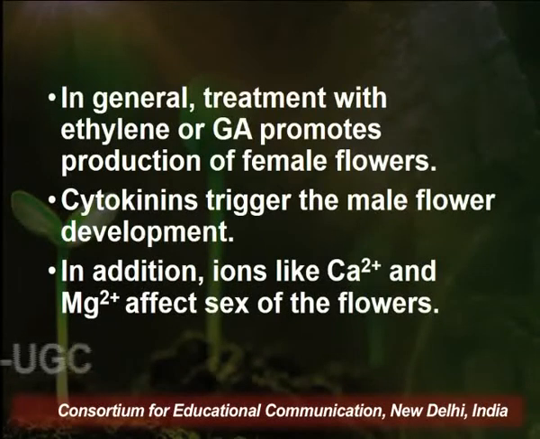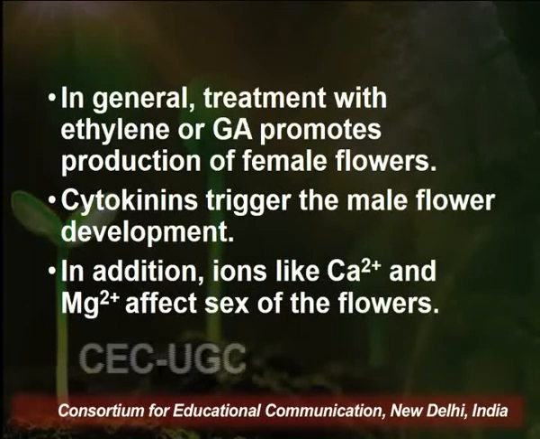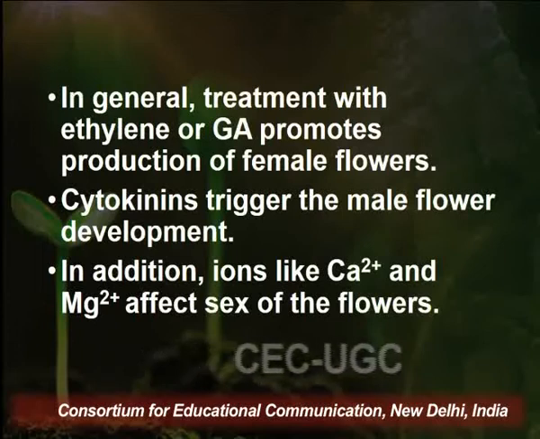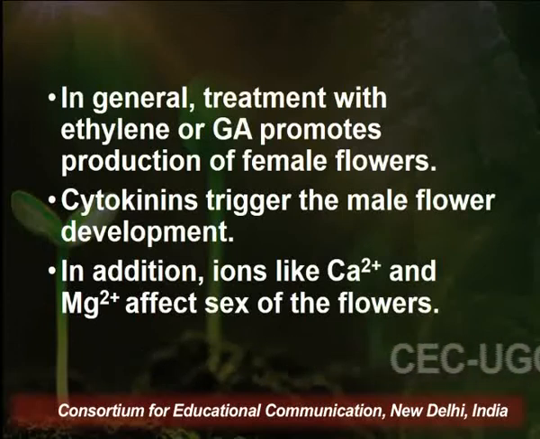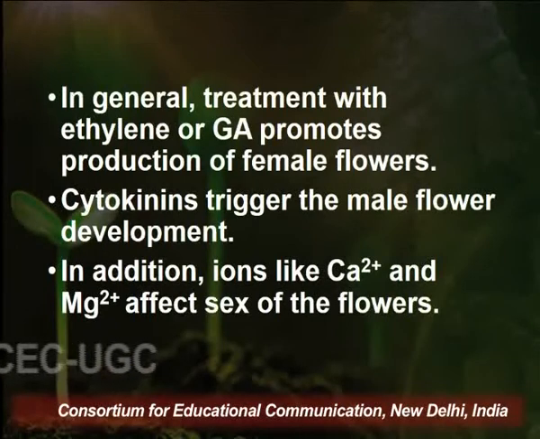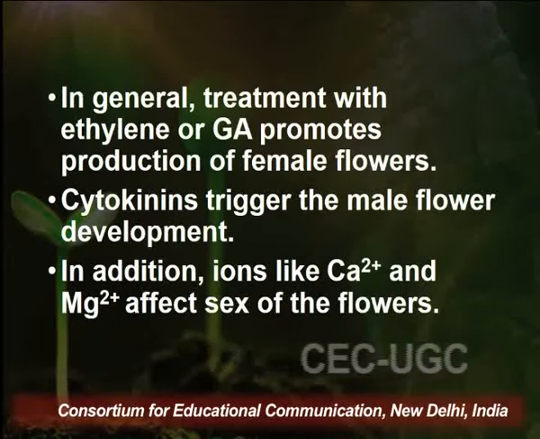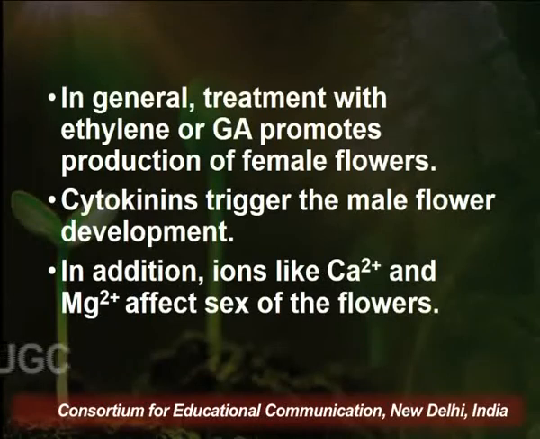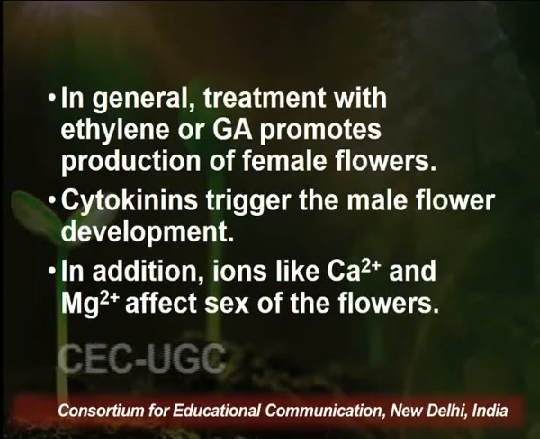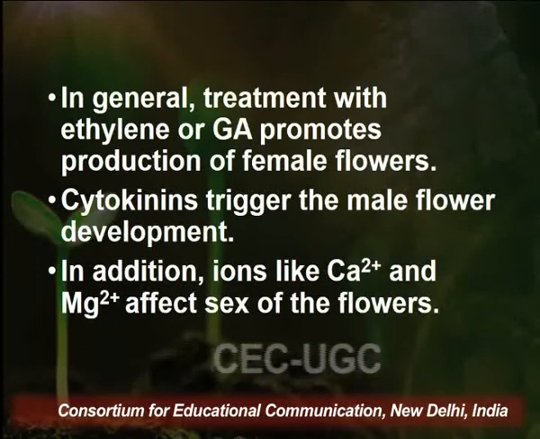And these ions are, say, calcium divalent cations and the magnesium divalent cations. Just to summarize, the cytokinins are going to trigger the male flowers here, and ethylene and GA, that is gibberellic acid, are going to promote the production of female flowers in such angiosperms.